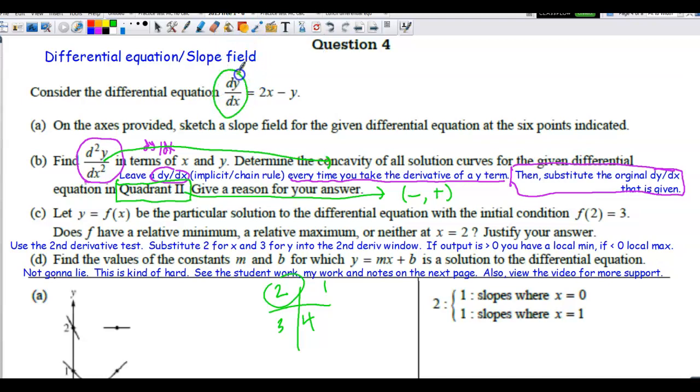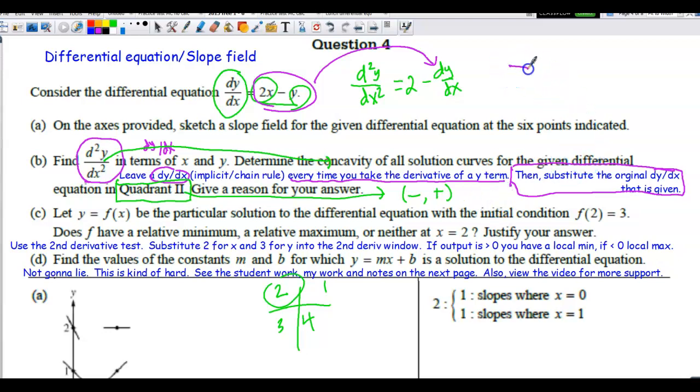So when I take the derivative of the left side, I get d squared y over dx squared. And when I take the derivative on the right side, the derivative of 2x is just 2, and the derivative of y is 1 times dy/dx. There's my implicit, and there's my chain rule. Now, at this point, I can go back, if I want to, and substitute 2x minus y in place of dy/dx, but I don't really have to, because all I'm trying to figure out is what my sign is going to be.